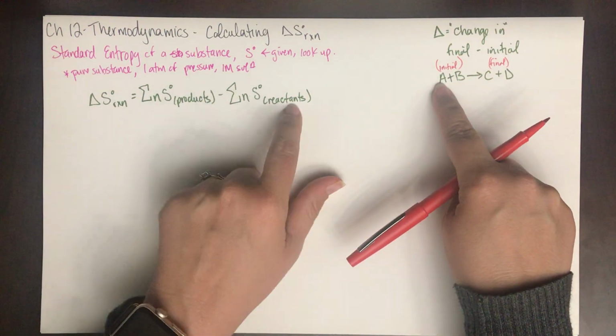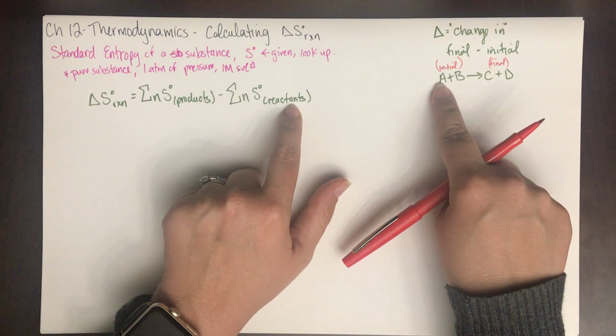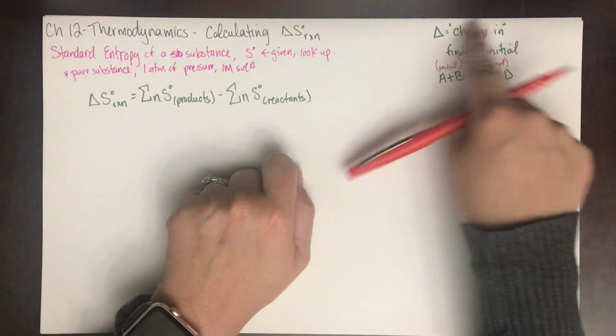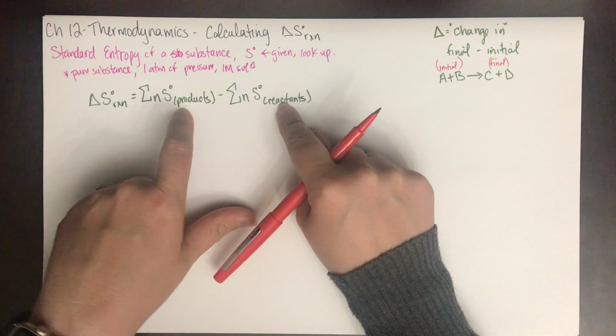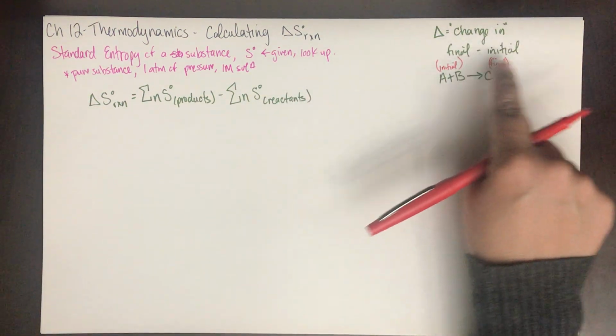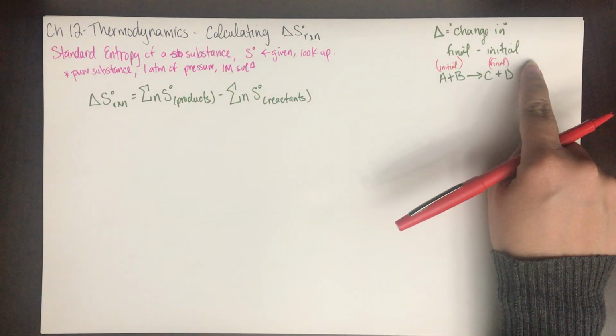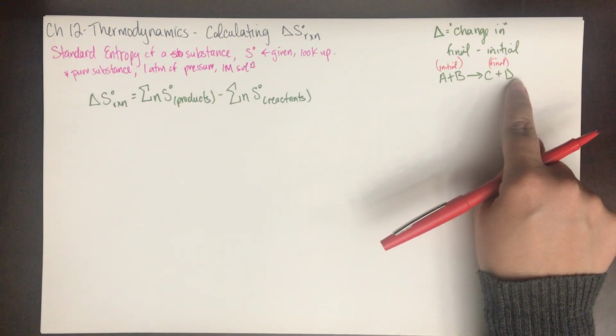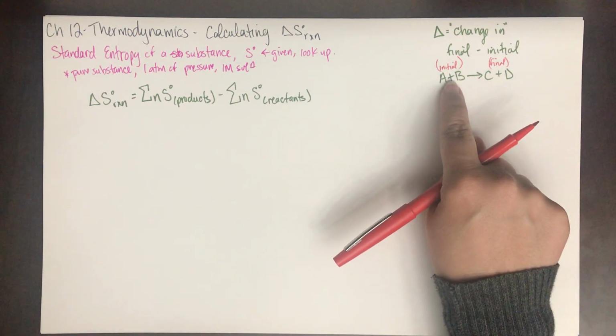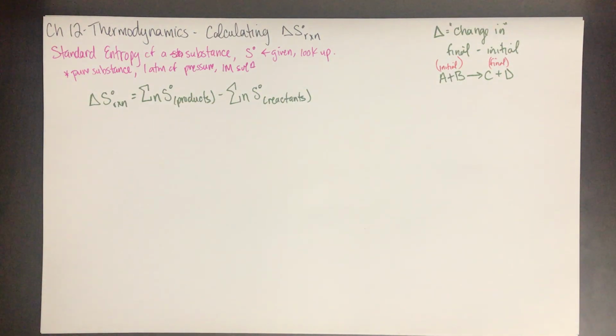It's always products minus reactants. So if you understand why we're doing things, it's less of memorizing. So change in is always final minus initial, and when you're talking about a chemical reaction, the products are always the final and the reactants are always the initial.